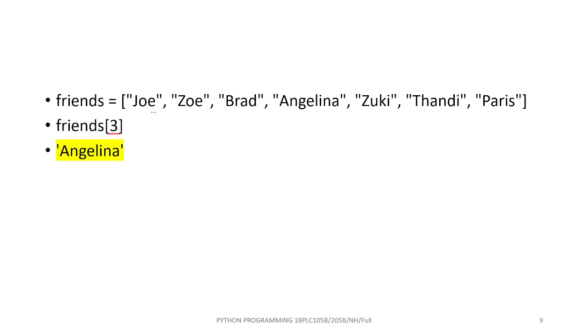3 indicates Angelina because this is the 0th index, index 1, index 2, index 3. If I enumerate these, Joe is mapped to 0, Zoe is mapped to 1, Brad is mapped to 2, like that. So index 3 is Angelina.